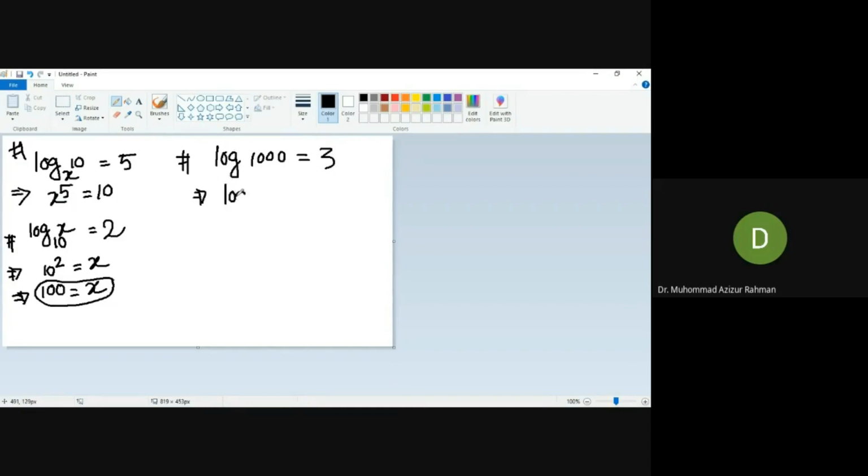You must remember, if you do not write anything, the log is always base 10. So log base 10 of 1000 is 3, meaning 10 to the power 3 equals 1000. You already know this, so it is verified.